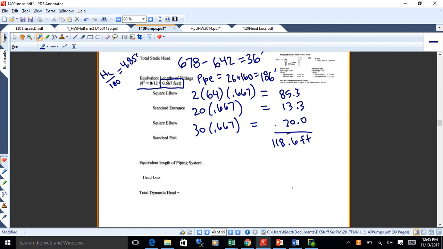So that's the equivalent length of all those fittings. They have the same head loss as 118.6 feet of pipe. We're good with that? I'm just getting the equivalent length from the L over D value for the fittings, multiplying that by my diameter of 0.667 feet, and then adding those up.